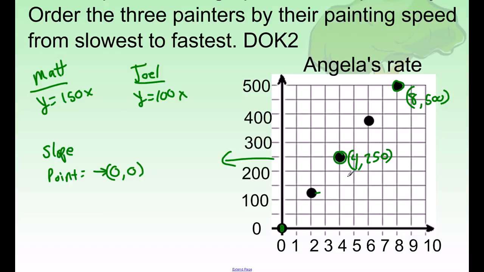Okay, so I'm going to use the smaller one. Or I've got to find the slope. That's what I'm finding here. So from one point to the next, if I go up, how much is it from here to here? That's 250 to 500. So that's going up 250 over 1, 2, 3, 4. 250 over 4.